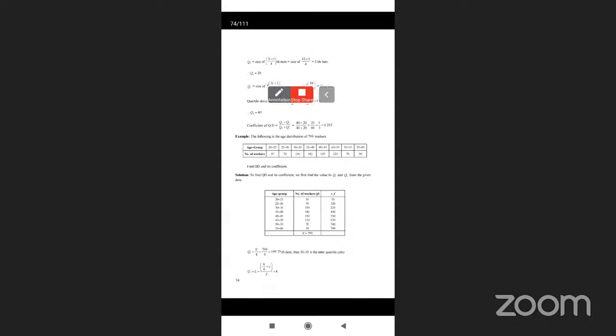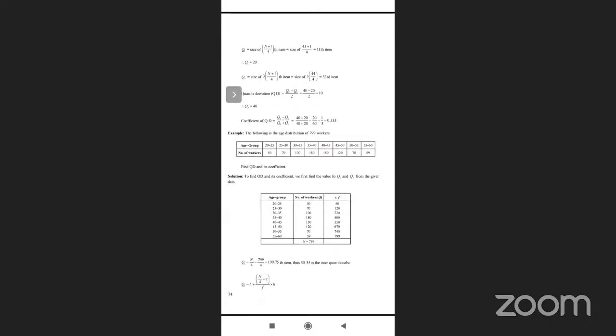Do it. Clear? Is the table correct? Check the solution table whether it is correct or not.